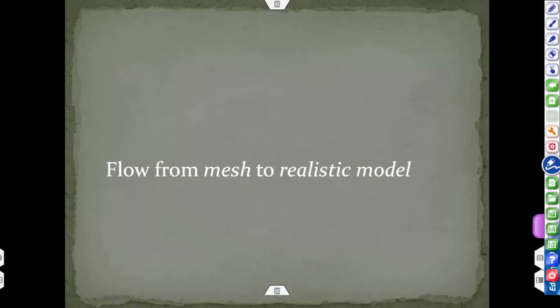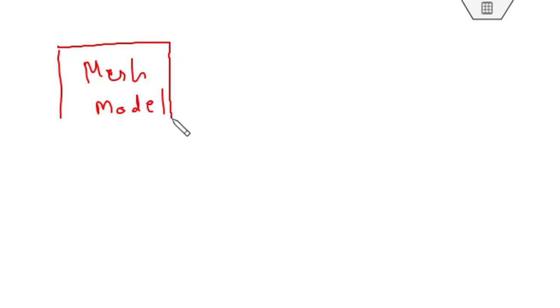Now we will see how we can get a realistic model from a mesh. We have already studied the triangular mesh by which a model is created. First of all, we generate a mesh model. This is the first step in order to generate any model.